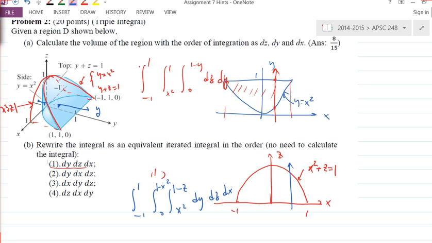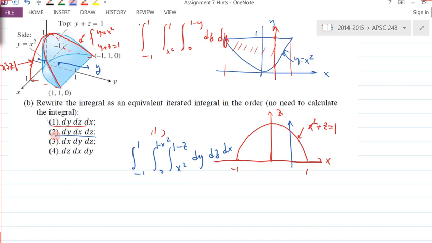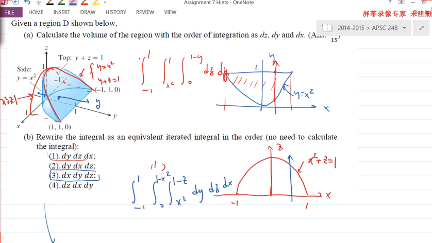So let's look at part 3. If we decide to do the x direction first, then dy dz. The first step is the projection of this region in the yz plane. So what does that look like in the yz plane?